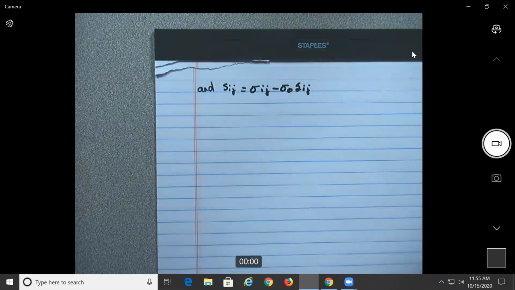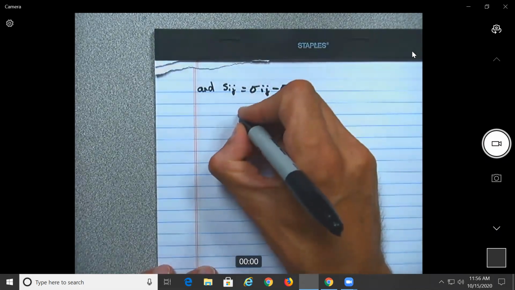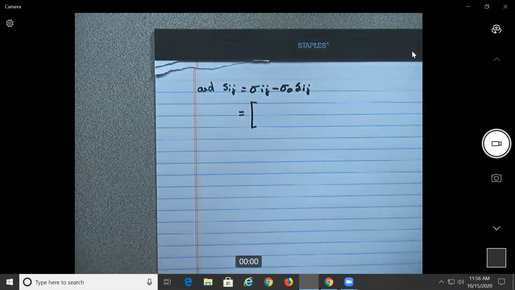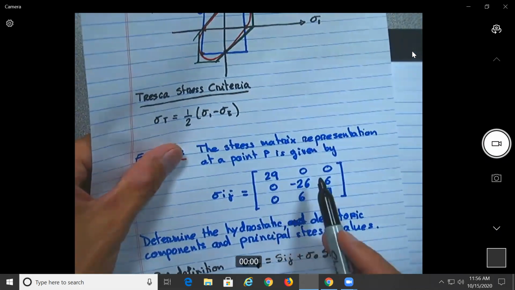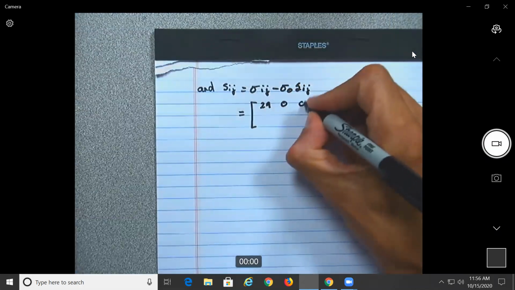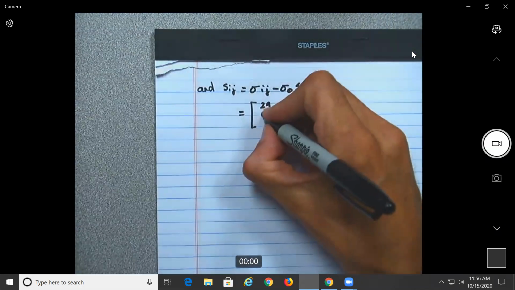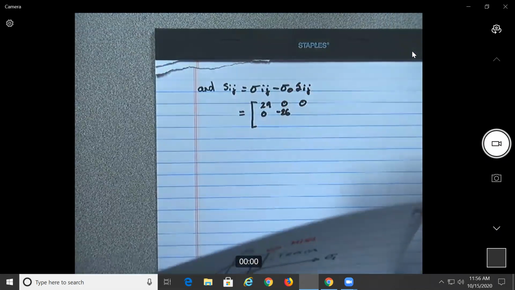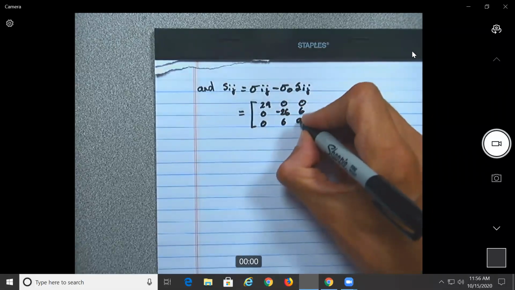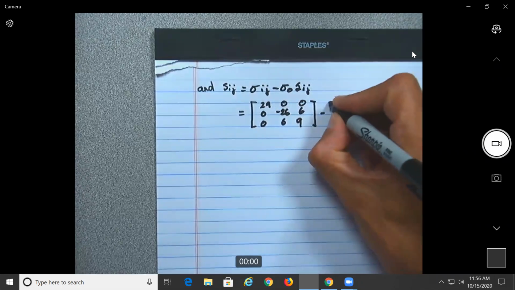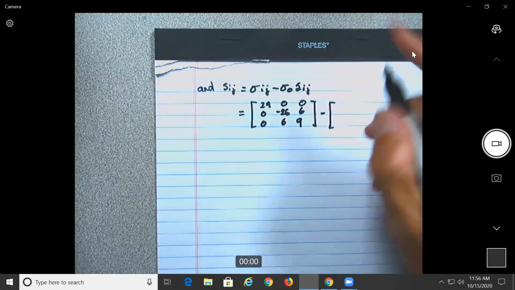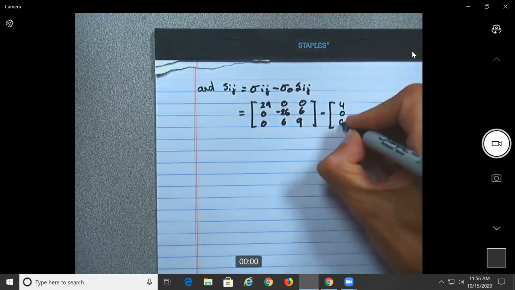But let's just rewrite it. So we have 29, 0, 0; 0, minus 26, 6; 0, 6, 9; minus the diagonal that needs to be all 4s.